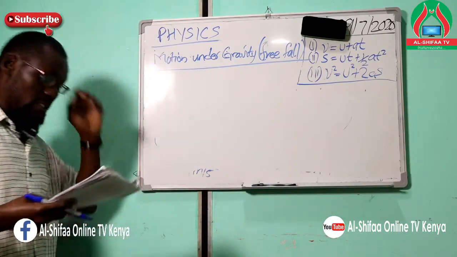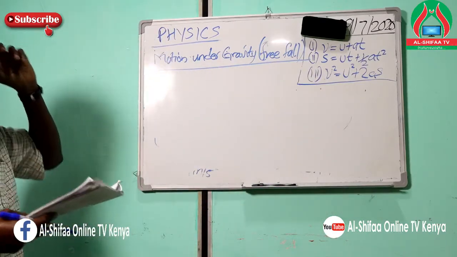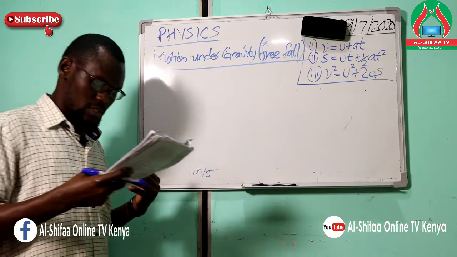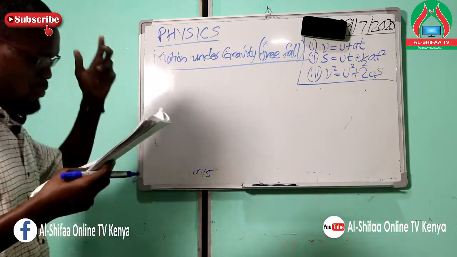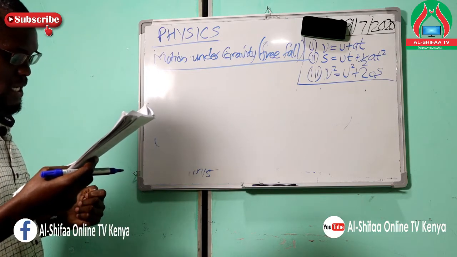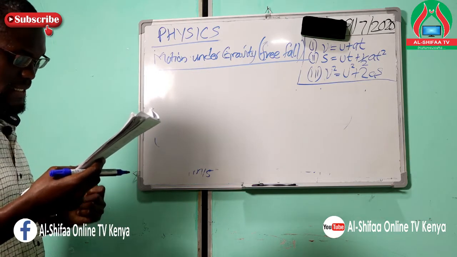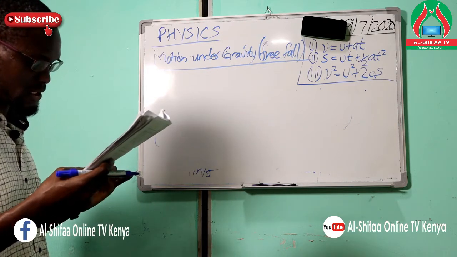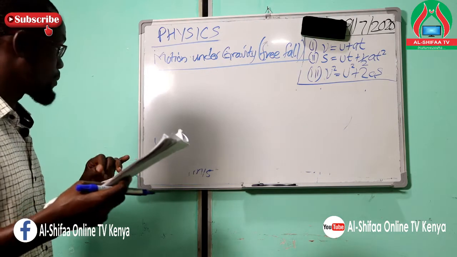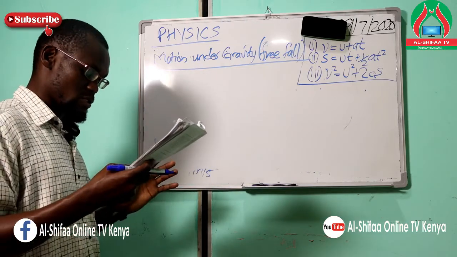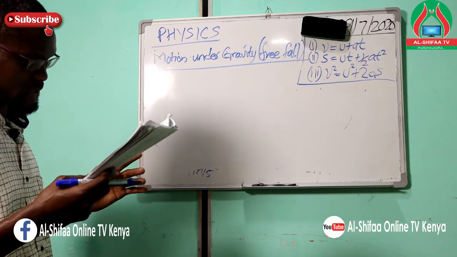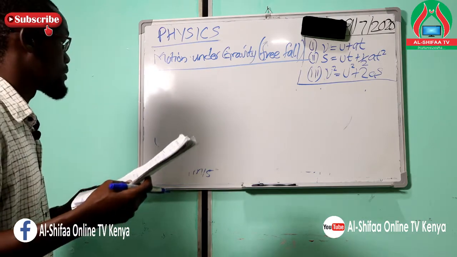Okay, let's go through the application of the kinematic equations of motion. In motion under gravity, we are told that when an object falls to the ground under gravitational pull, experiments show that the object has a constant or uniform acceleration of about 9.8 meter per second squared, or 10 meter per second squared approximately, while it's falling.